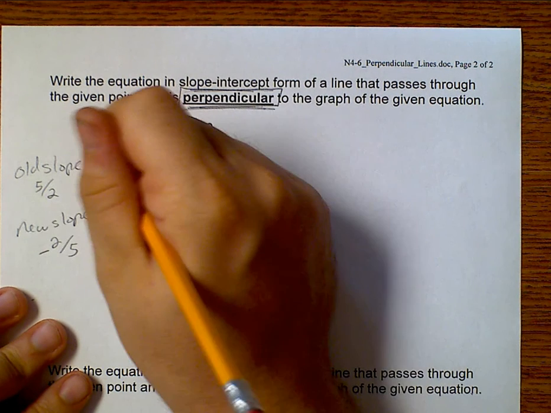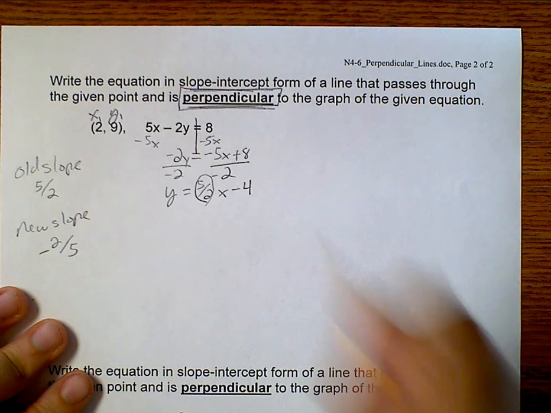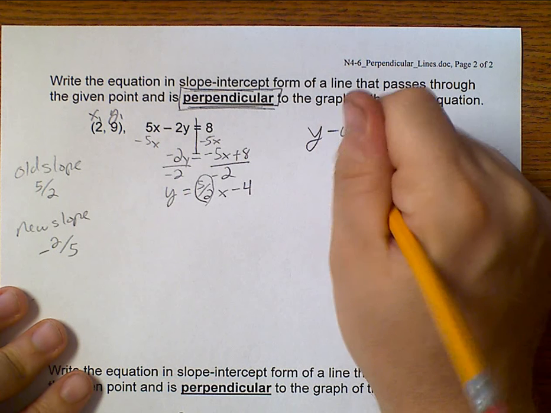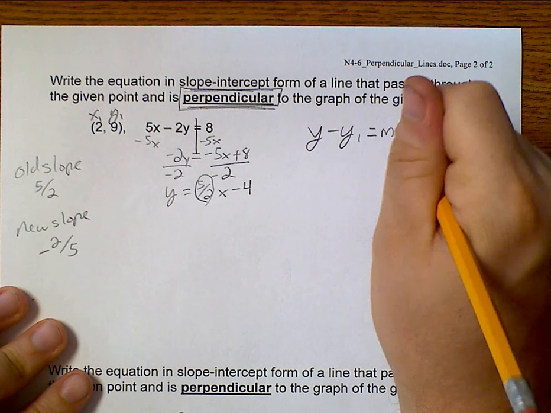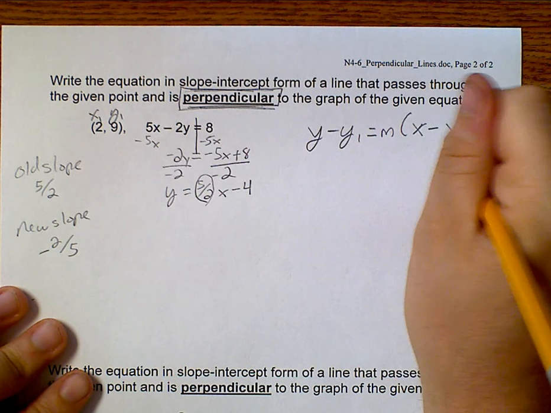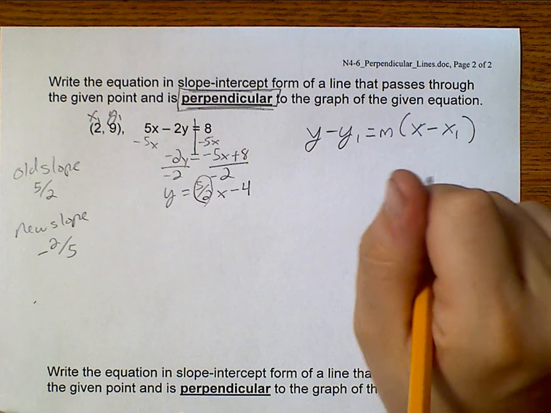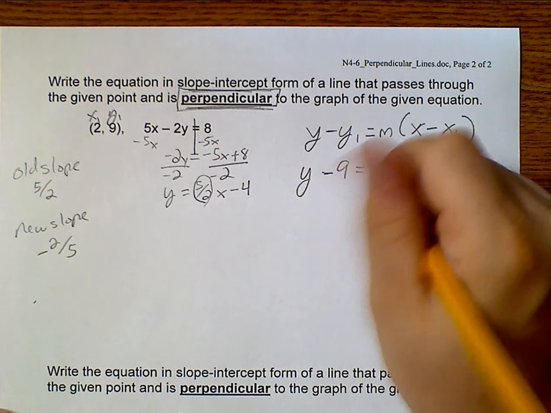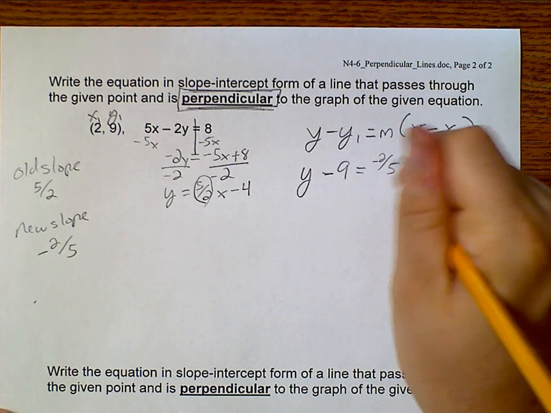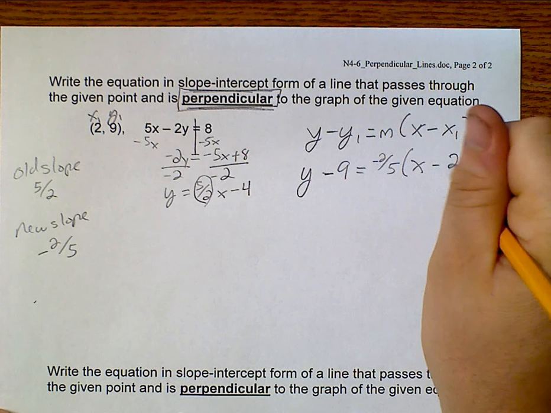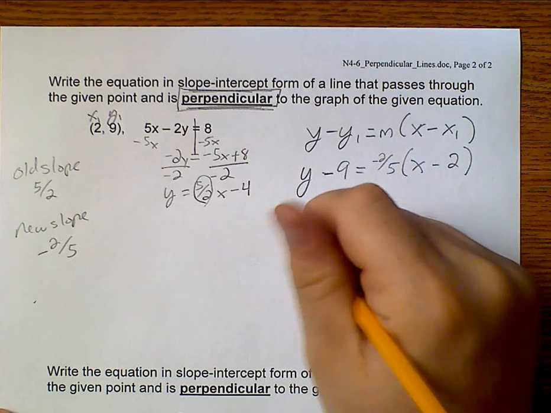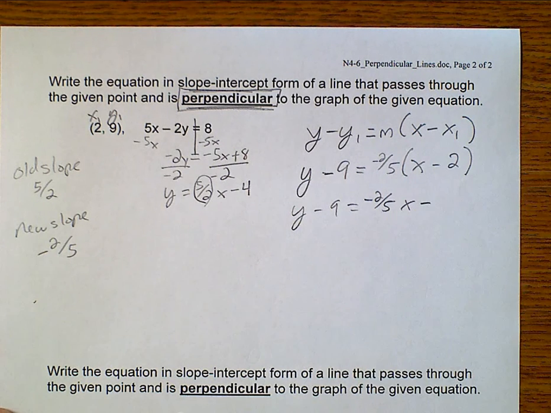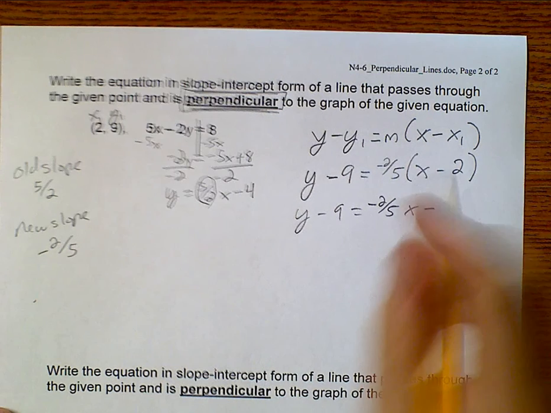And this is x1 and y1. So y minus y1 equals m times x minus x1. Y minus 9 equals a negative 2/5 times x minus 2. So y minus 9 equals a negative 2/5 x minus 4/5.